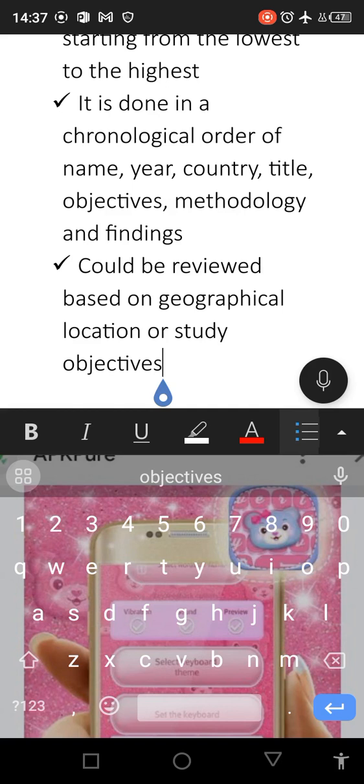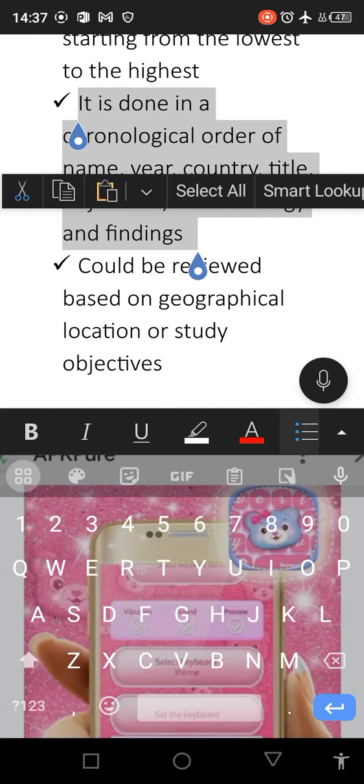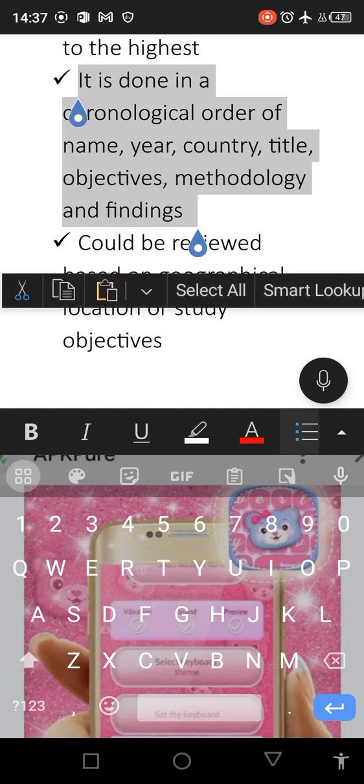I hope you understand. Oftentimes, this actually depends on your supervisor and the rules of your school. When you are reviewing literature in a research article, it doesn't have to follow this particular format in any way at all.